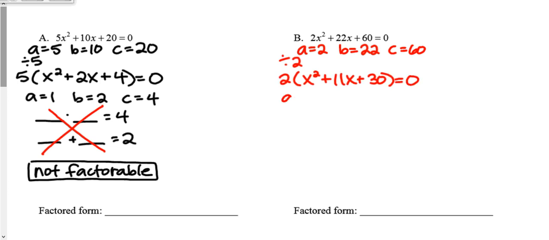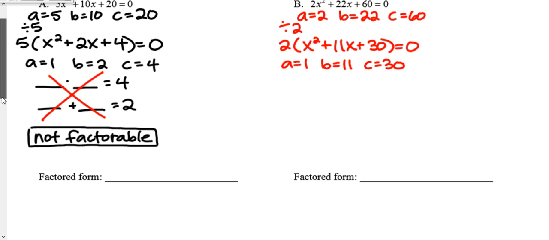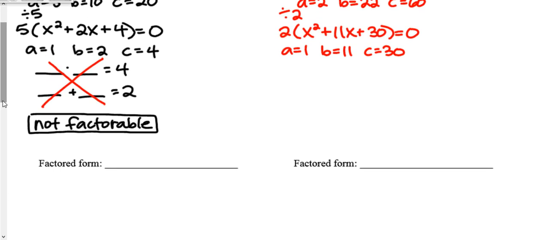So our new A, B, and C values, A is 1, B is 11, C is 30. So we're going to find two numbers that multiply to A times C, which would be 30, and also add to give us B, which is 11. So we do have two numbers in this case. Those two numbers would be 5 and 6. They multiply to 30, and they add to 11.